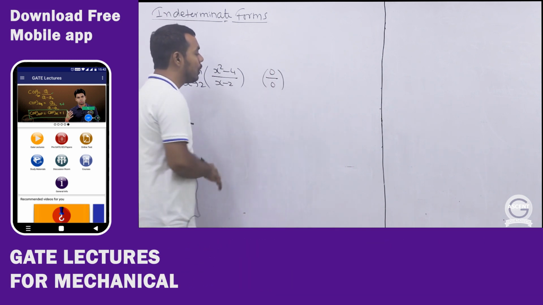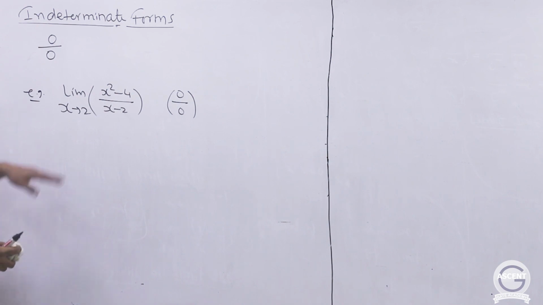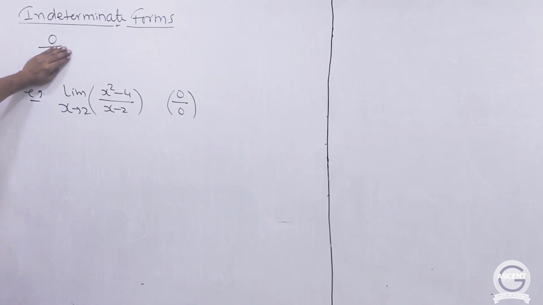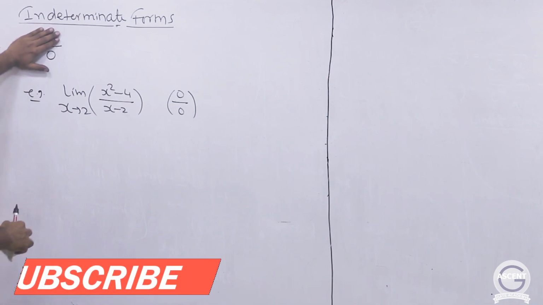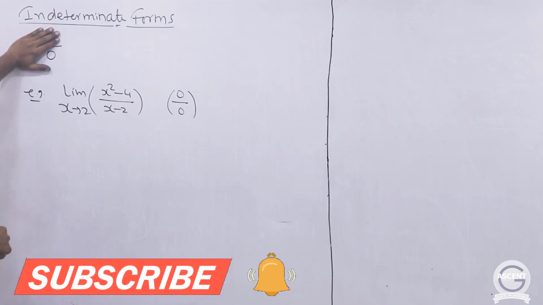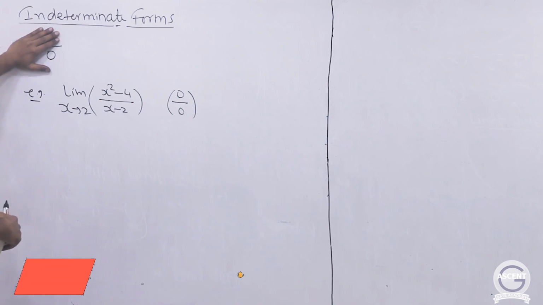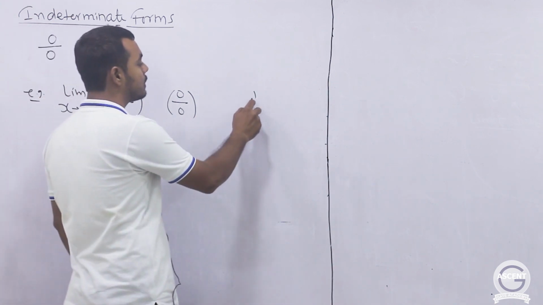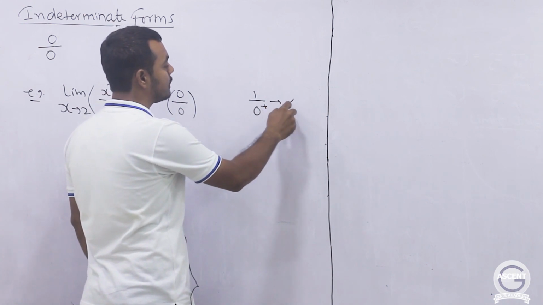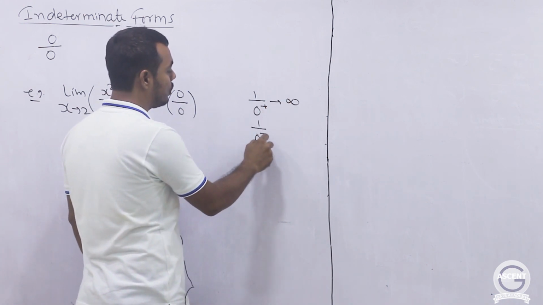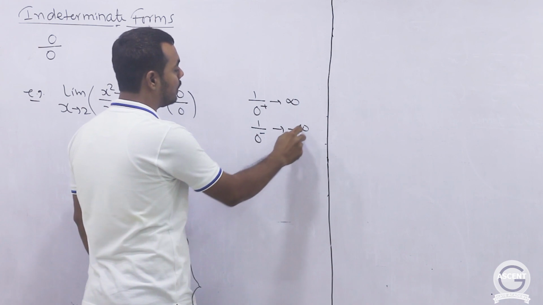And why am I calling this an indeterminate form? Because if you see the numerator only, then whatever the denominator, the value of this fraction should be 0, right? If the numerator is 0, then this should be 0. But if you look at the denominator, then whatever the value of the numerator, this should be plus or minus infinity, because 1 by 0 plus is plus infinity, and 1 by 0 minus is minus infinity.